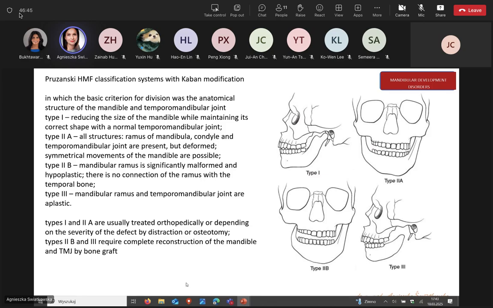The method of treatment in all these cases is different. In type 1 and 2A, we can treat this orthopedically or, depending on the severity of defects, by distraction or osteotomy. In the next two types, patients require complete reconstruction of the lower jaw and TMJ by bone graft.